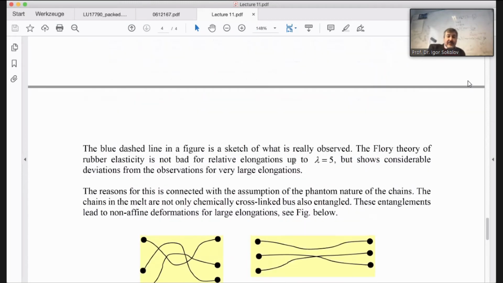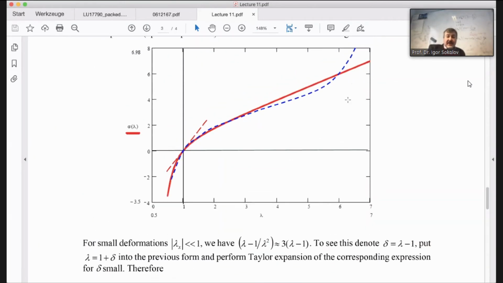And this means that here on the figure, the effective number of crosslinks starts to grow by the number of these physical entanglements, which you cannot release by, so to say, small moving of the parts of the subchains.